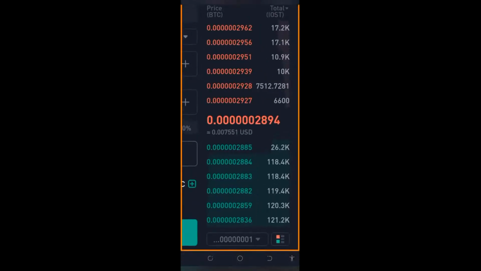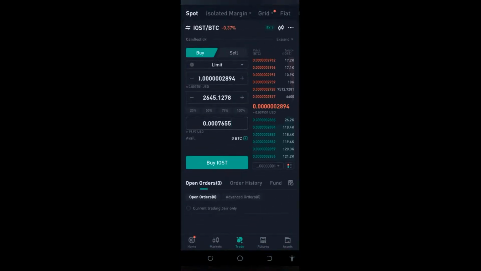Before, he was looking at this order book as being in dollars or in USDT, like when it says 26.2K, it means 26.2 thousand USDT. No, it means that what they have here is 26,200 pieces of IOST already in the queue to be bought, right?